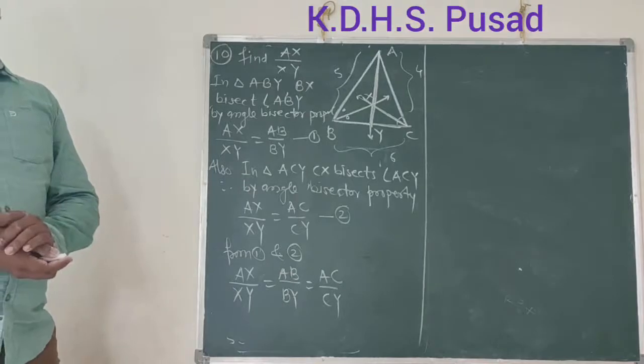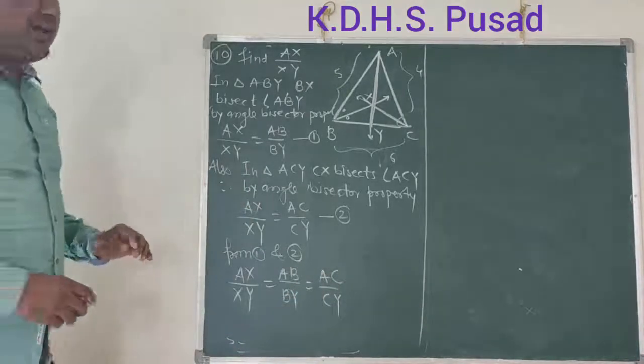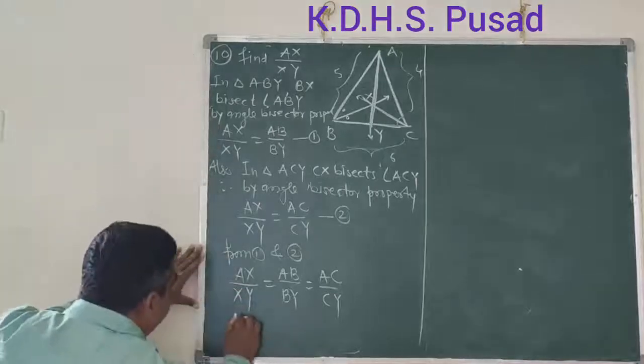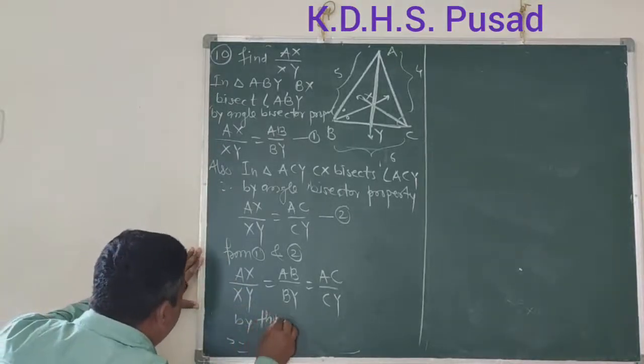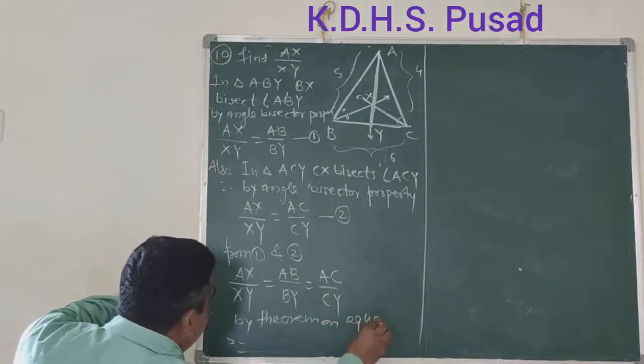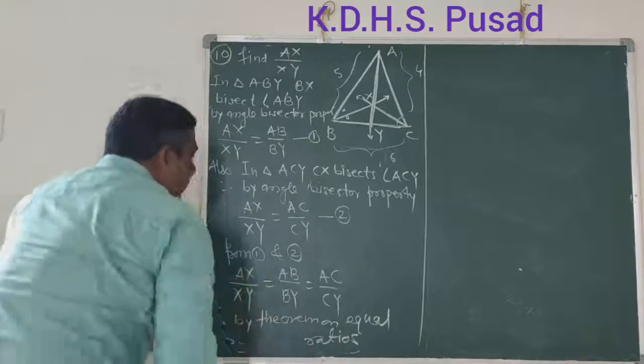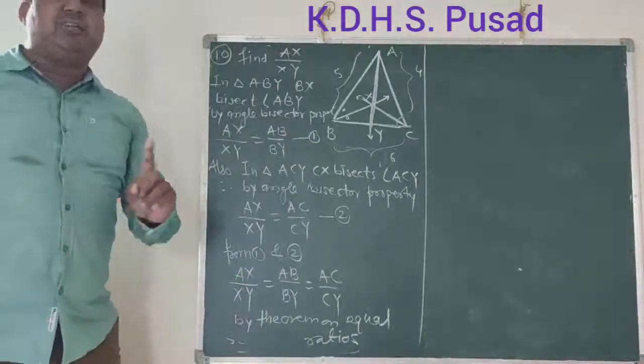Theorem on equal ratio. Check these three ratios are equal. So if we apply that theorem, by theorem on equal ratios, this theorem you have already studied in standard 9 algebra.